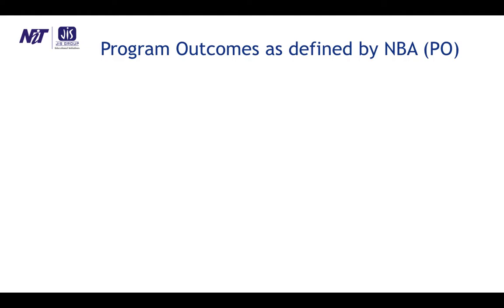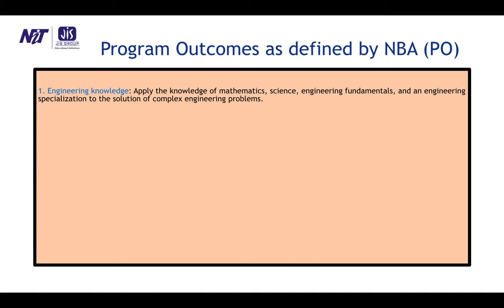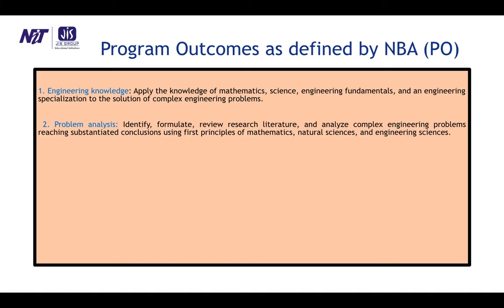Now the program outcomes as defined by NBA. PO1, engineering knowledge: apply the knowledge of mathematics, science, engineering fundamentals, and an engineering specialization to the solution of complex engineering problems. Number 2, problem analysis: identify, formulate, review research literature, and analyze complex engineering problems, reaching substantiated conclusions using first principles of mathematics, natural sciences, and engineering sciences.